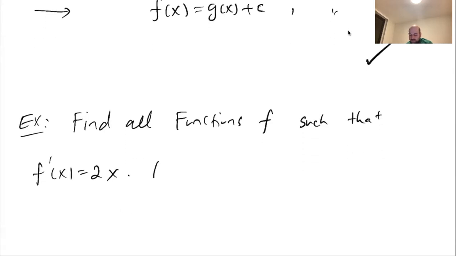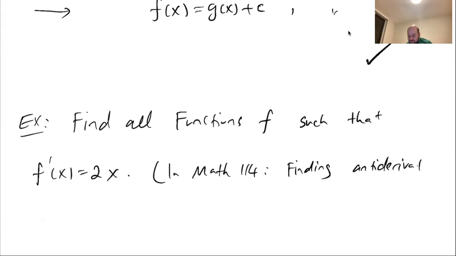So in Math 114, you will write this question as finding the antiderivative of 2x. When you say you want to find a function whose derivative is 2x, that means you want to find the antiderivative of 2x.